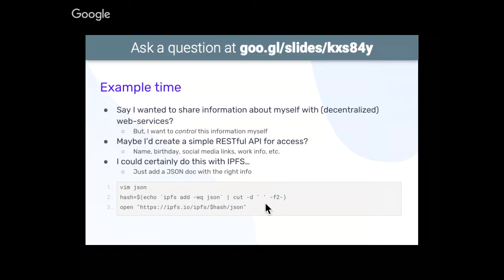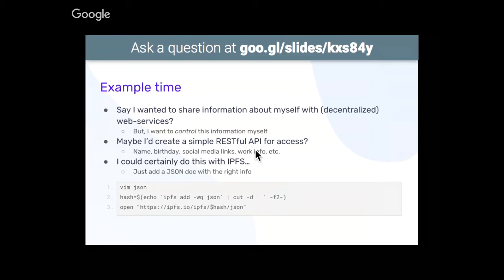In this case, I've got a bit of a long string of code here, and it could actually be shortened to something a little simpler. But what we're going to do is add this JSON file and wrap it in a directory, and then grab the hash that gets returned from that output. Then I can access that particular file over IPFS.